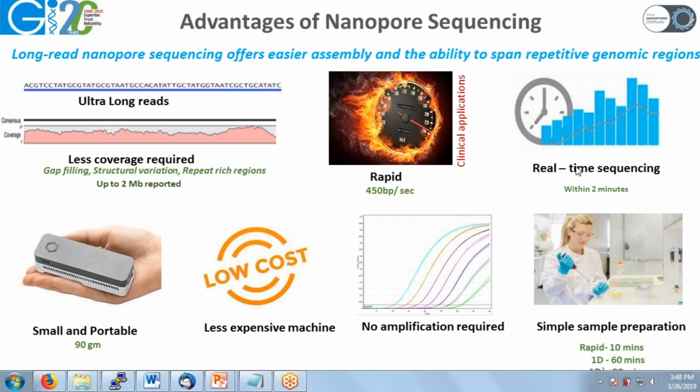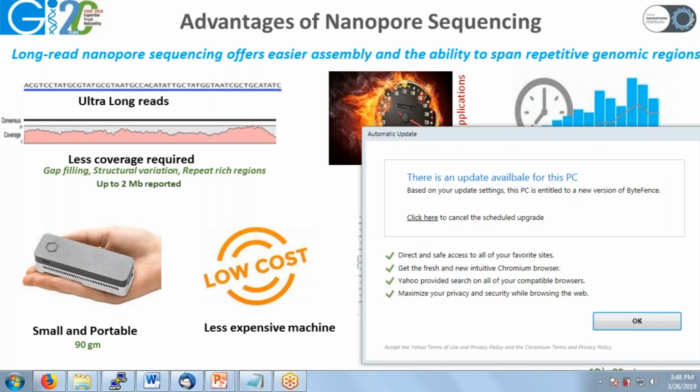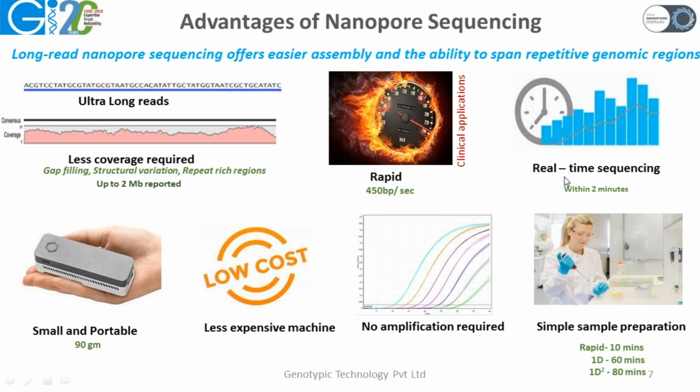The other important aspect about this is that it's real-time sequencing. What I mean by real-time sequencing is, as you start the sequencing, you can actually see your data, and you can take an informed decision either to continue the sequencing run or to stop the run.